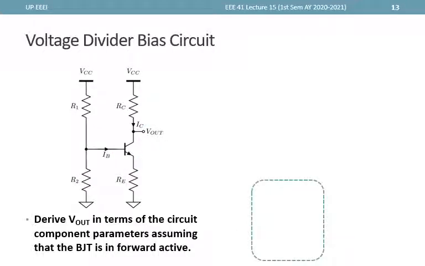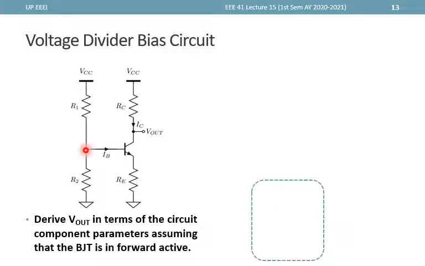Now, another way to bias the NPN in our amplifier is with the use of resistor dividers instead of only one resistor. So if we do the same analysis, then we'll have more loops and actually need to perform KCL at this point to analyze the circuit, which complicates the analysis.